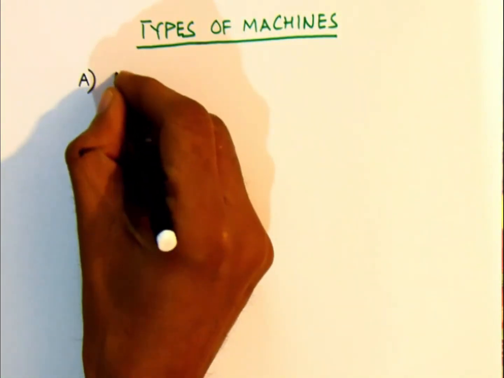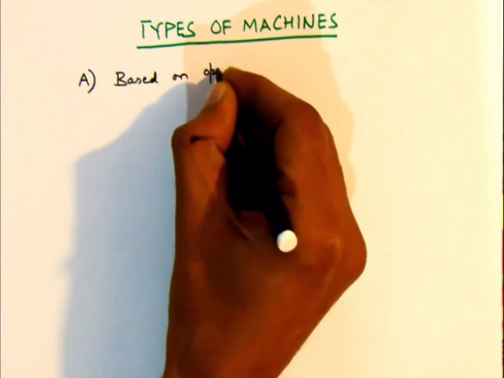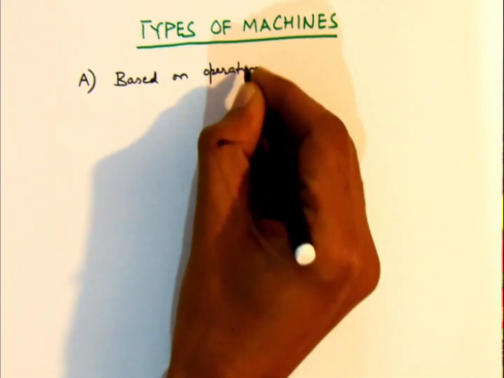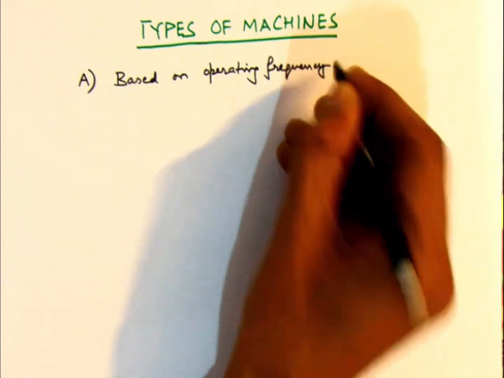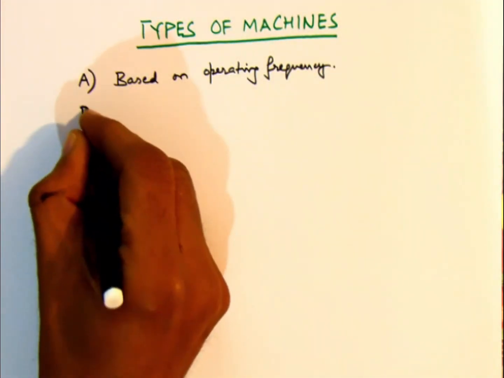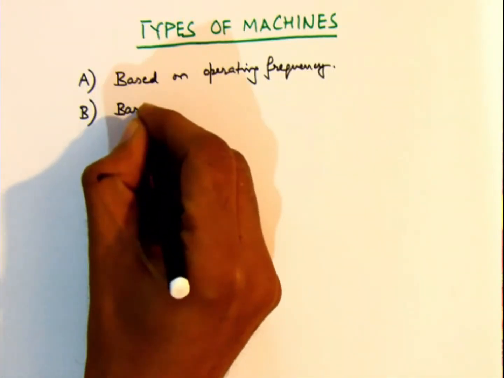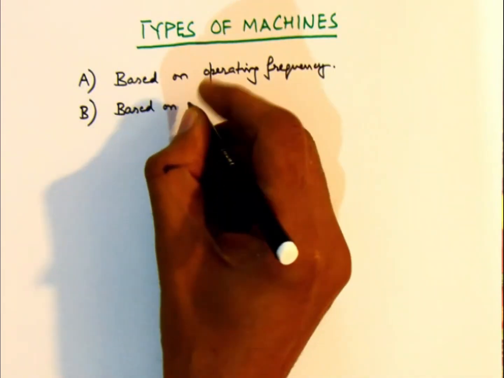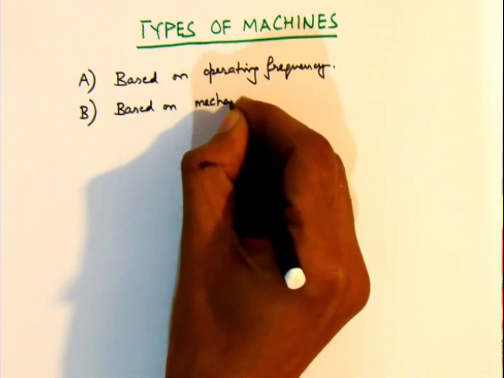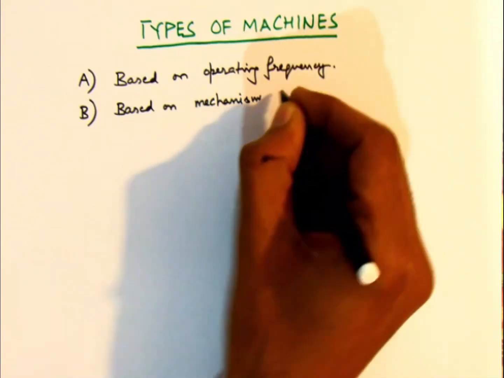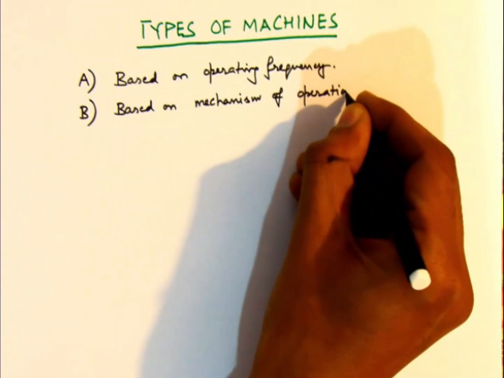In general, the machines can be classified based on the operating frequency. Then they can be classified based on the mechanism of operation.